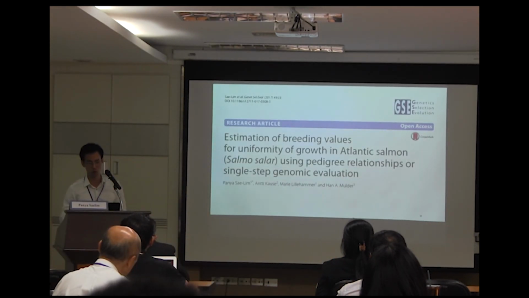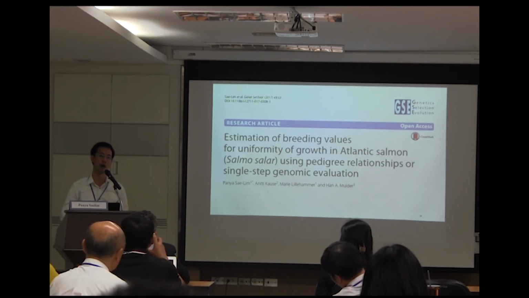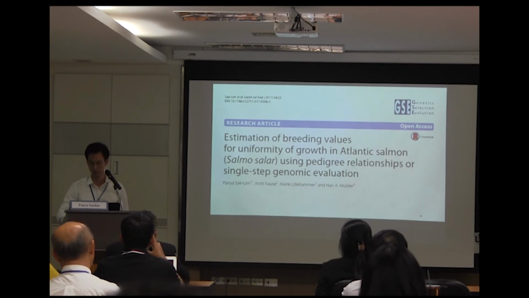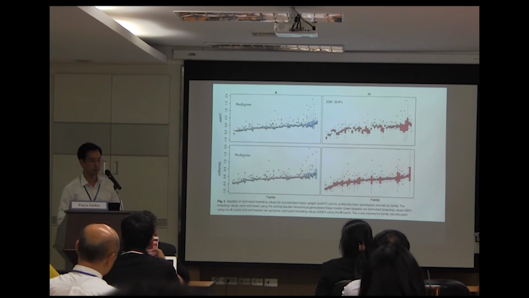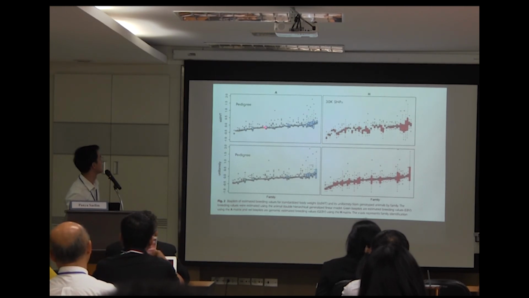I think I'm getting to the final slide. This is my own study. I estimated the breeding value for the uniformity of growth in Atlantic salmon using the pedigree relationship and single-step genomic evaluation, which means that I combine the genomic information with the pedigree. If you're looking at the distribution of the breeding value, this is based on the pedigree information, and this is based on the 30K SNP markers.